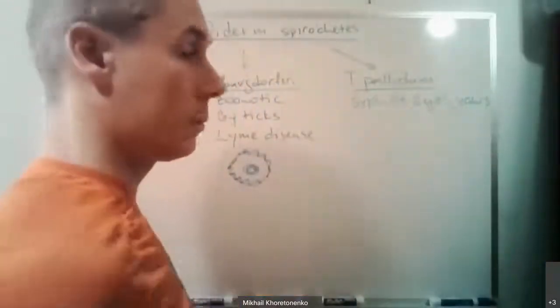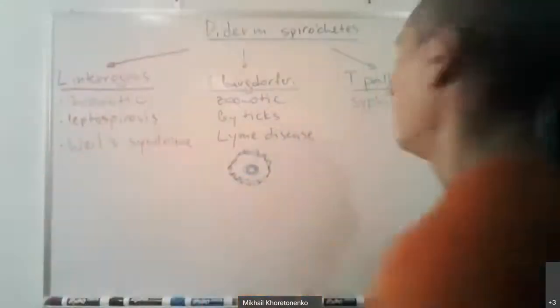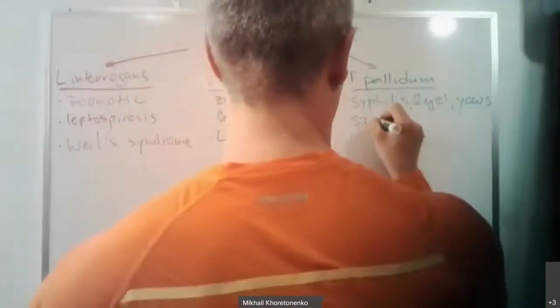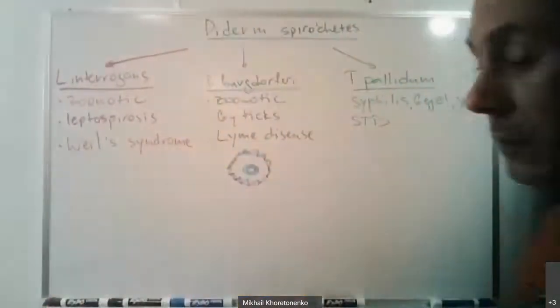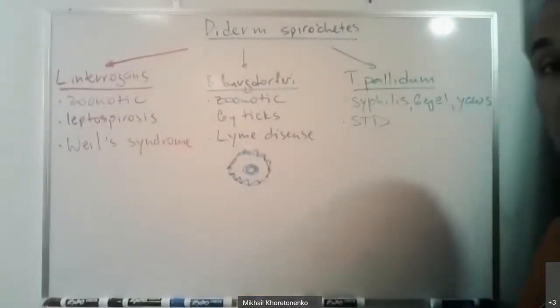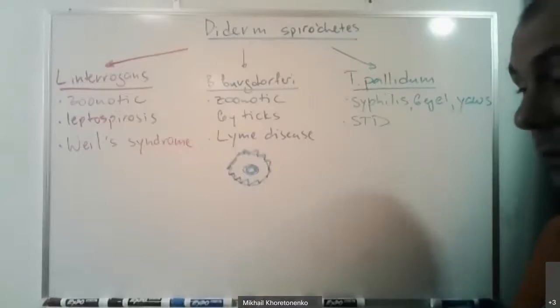Bejel and yaws are sort of milder forms of syphilis, and it is, of course, a sexually transmitted disease. The question often arises, can syphilis be transmitted from person to person by contact? The answer is not really.